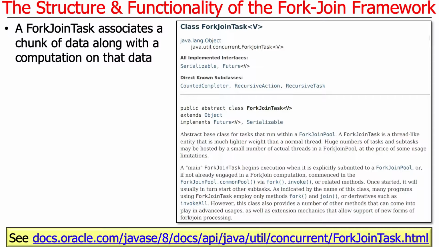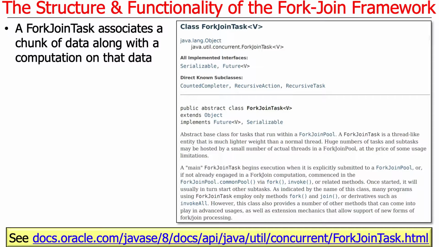So that obviously raises the question, what is a fork join task? A fork join task is a class that is going to associate a chunk of data, a subset of the overall data, along with some computation on that data.